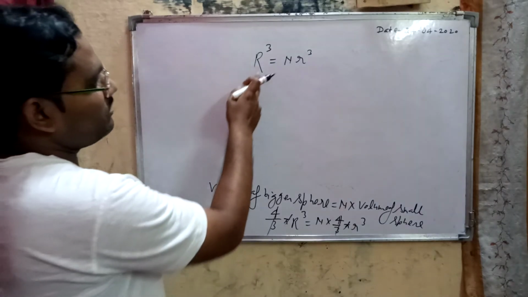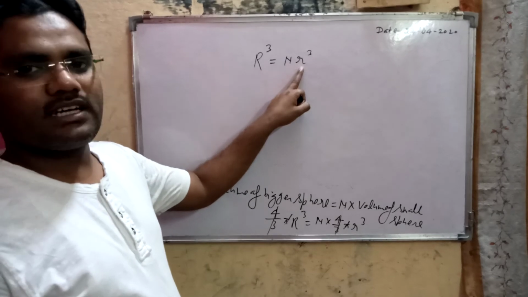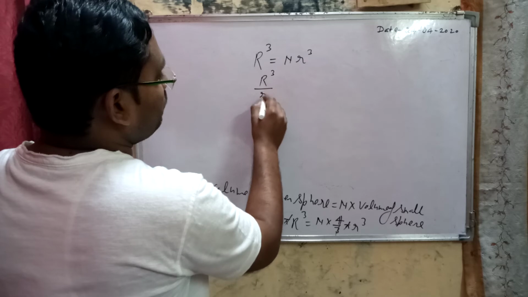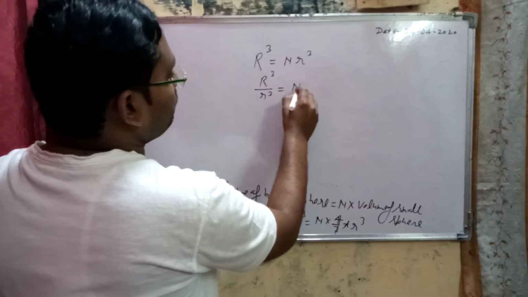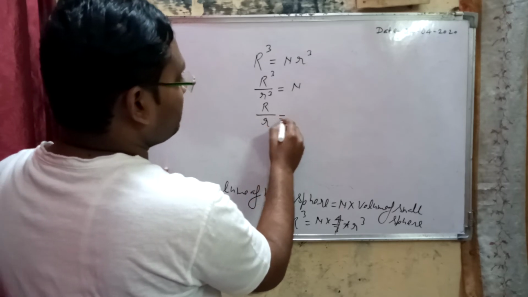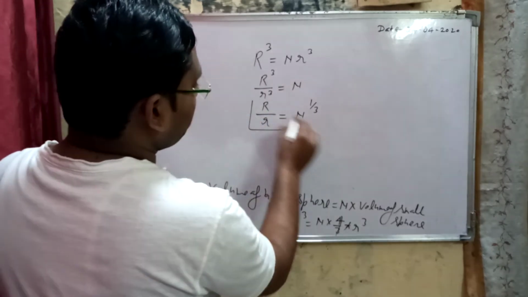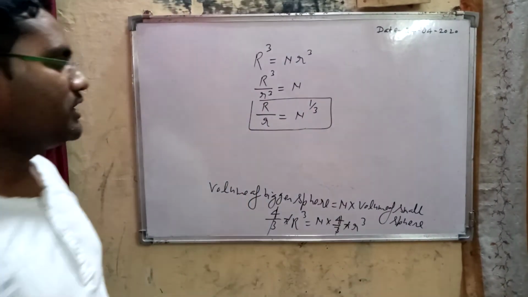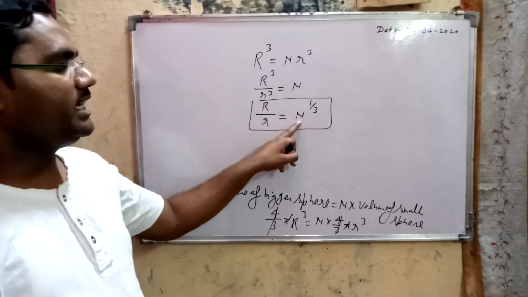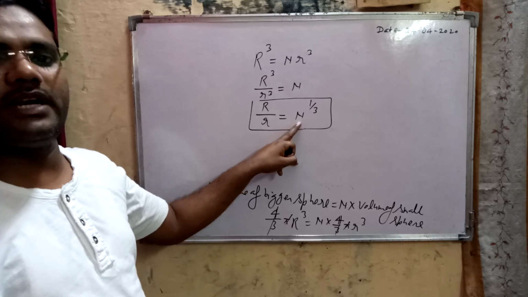This is the relation between the radius of the bigger sphere and the radius of the smaller sphere. Now capital R cube divided by small r cube is equal to capital N. That means capital R by small r is equal to N power 1 by 3. This is the ratio of the radius of the bigger sphere to the smaller sphere in terms of the number of small droplets.